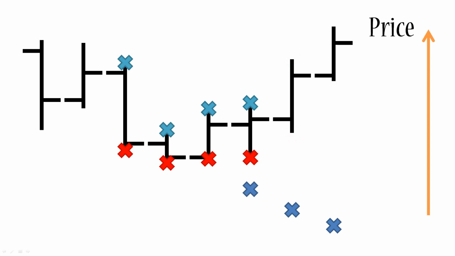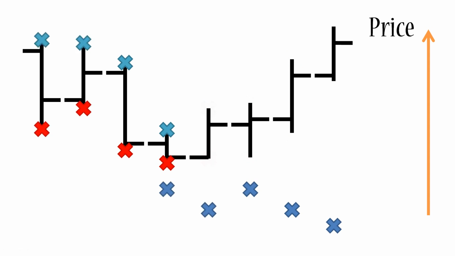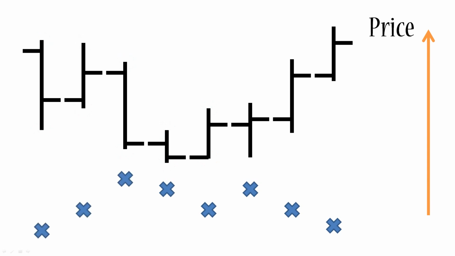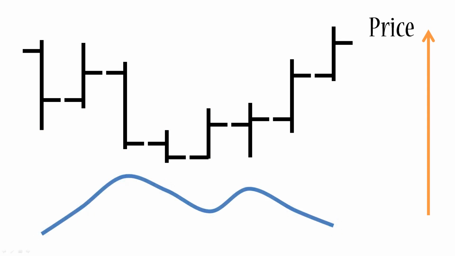Let's do that again. Once more, we've got 4 bars, we've got the average true range plotted under the last of the 4 bars. We can do that again and again, and so on. We just keep going as far left as we want to, and we get all these little crosses at the bottom. Now we're going to connect the crosses with a line, and that's what it looks like.